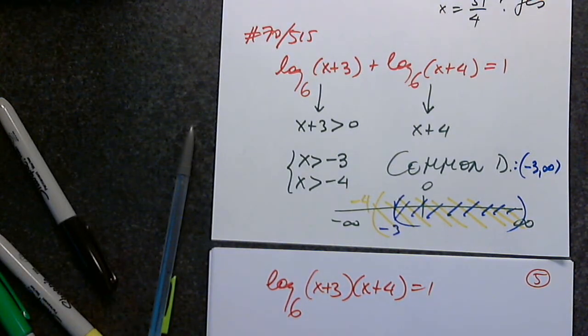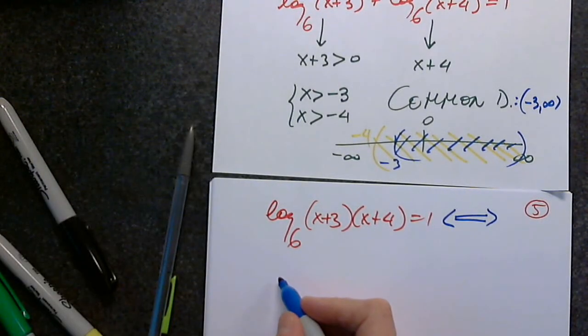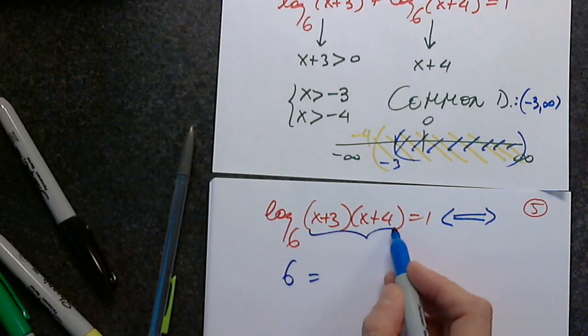Because log of a product is the sum of logs. Awesome. Now I don't know how to solve, but I do know that this is equivalent to an exponential equation. Base, counterclockwise. You start with the base and then you go counterclockwise. Base to the, yes, base to the first power equals this product.